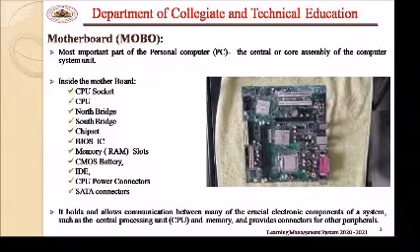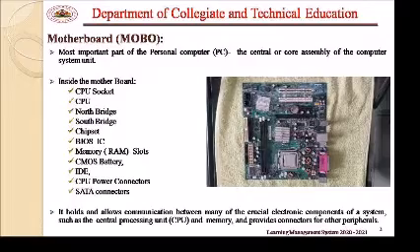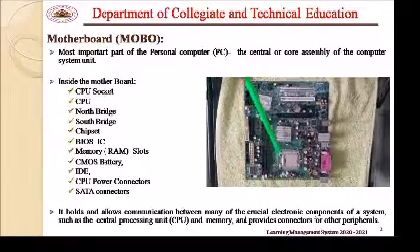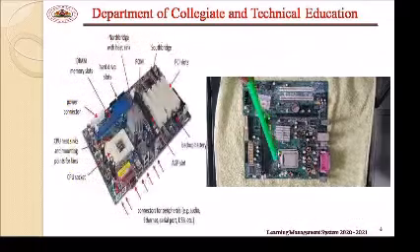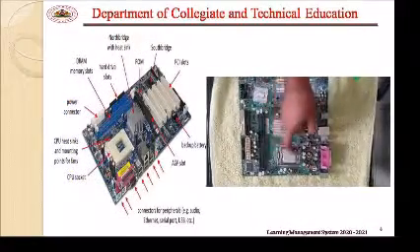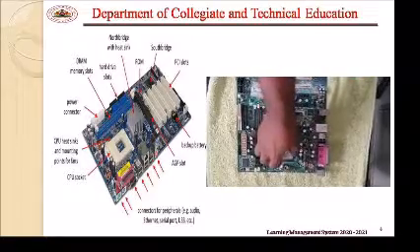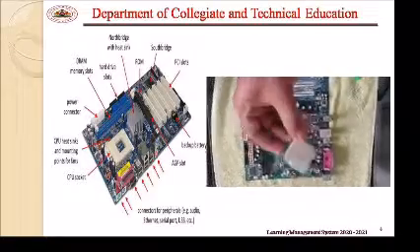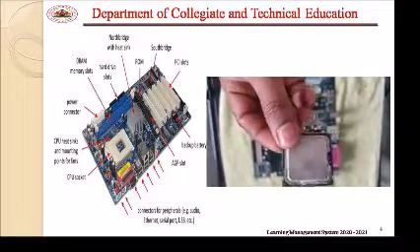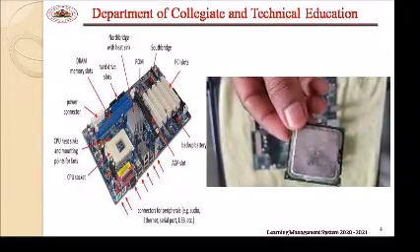If you look into the different internal parts of motherboard, the first one is CPU socket. It holds the CPU. So if you just remove the CPU socket, you can see the processor available on the motherboard. This is the processor on this motherboard.